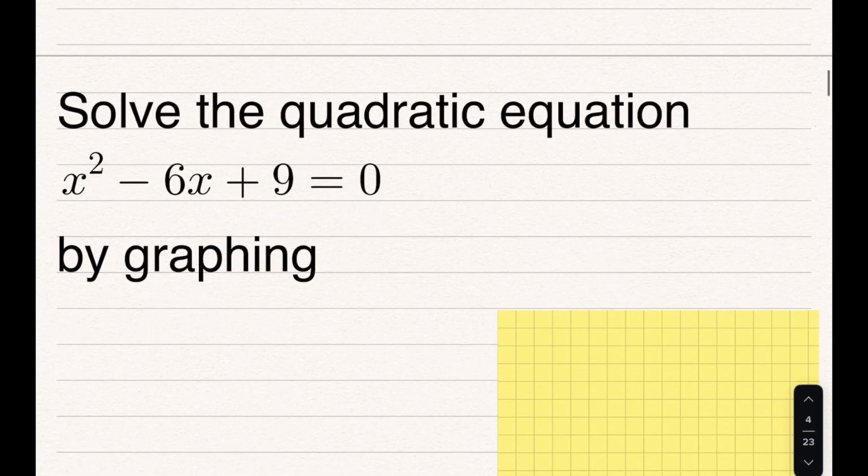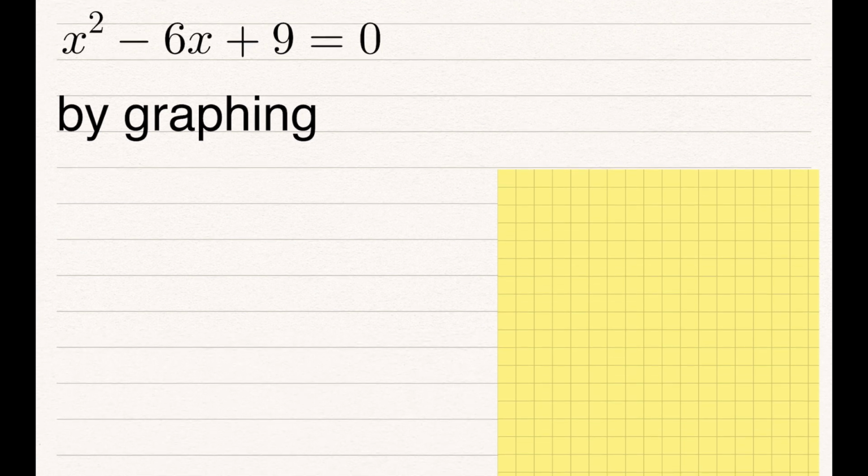Here we're going to solve this quadratic equation, x squared minus 6x plus 9. We're going to start by doing this by graphing. When you graph a quadratic equation, you need to use negative b over 2a to find where the axis of symmetry will be. So we're going to plug in those values.